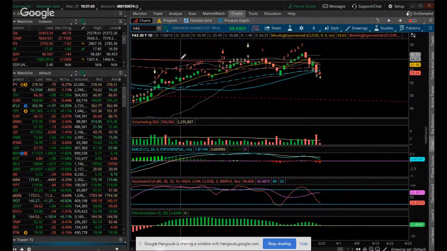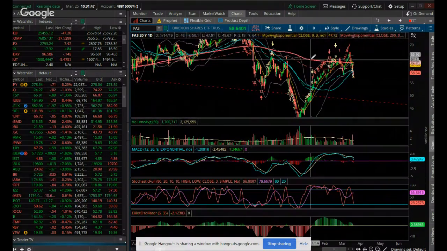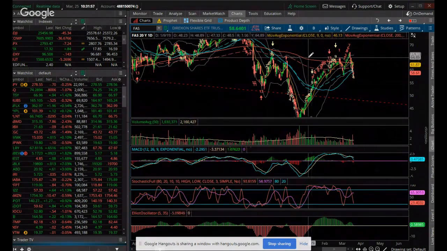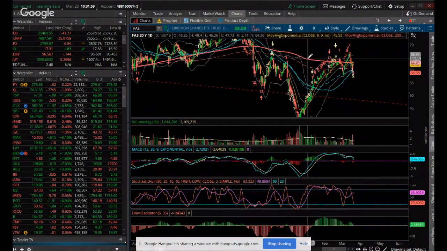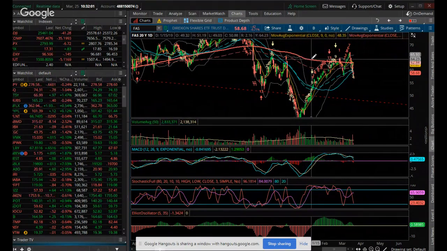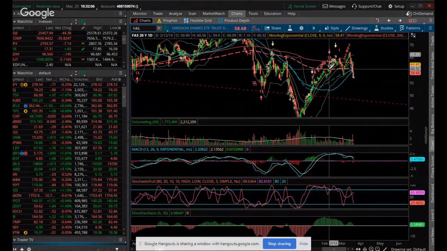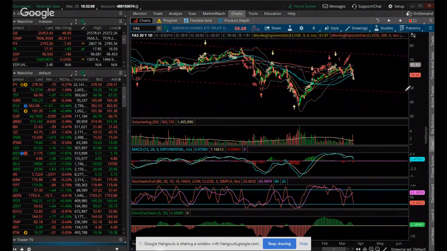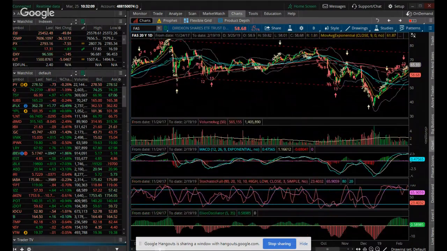And then for the longer term, a lot of the long-term investors use the 200-day moving average, which is more indicative of the longer-term trend. And for simplicity purposes, a lot of investors like to buy stocks over the 200-day moving average, and they like to sell stocks below the 200-day moving average. But those are just very simple explanations.